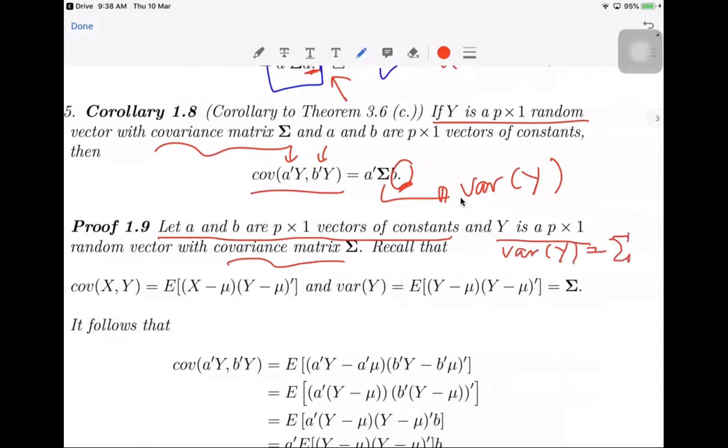You have to recall that the covariance of x and y will be something like this. Of course, both x and y here have a mean mu. They have a common mean, that is the assumption in this result. And the variance of y, by notation in the multivariate case, is equal to that, which we denote by sigma.